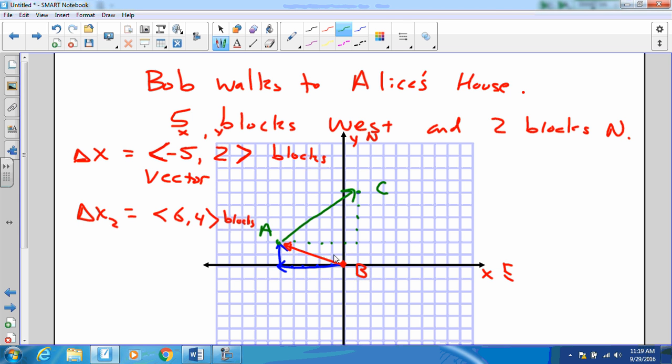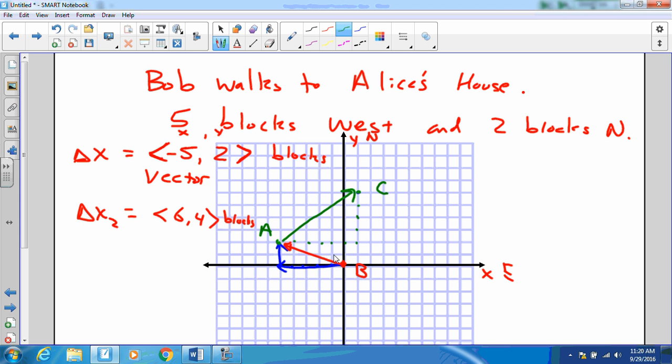How are we doing so far? Does this make sense? Yeah. So just distance is different, but displacement is the same. That's right. For the blue path and for the red path, the distance walked is different. This one is going to be 5 plus 2, which is 7. This one is going to be done really with the Pythagorean theorem: the square root of 25 plus 4, the square root of 29.